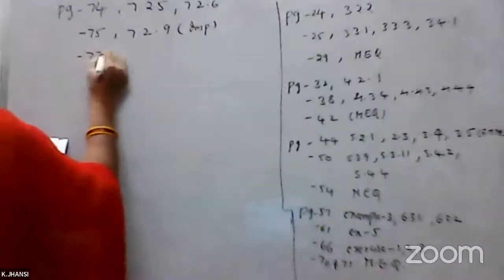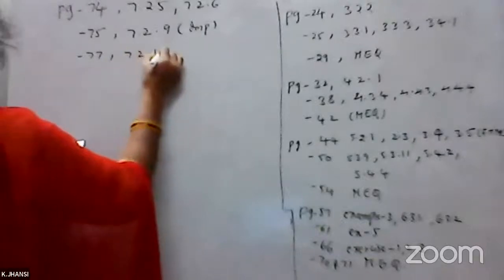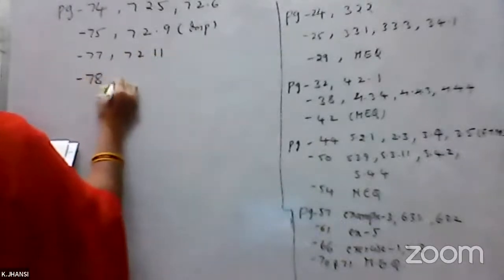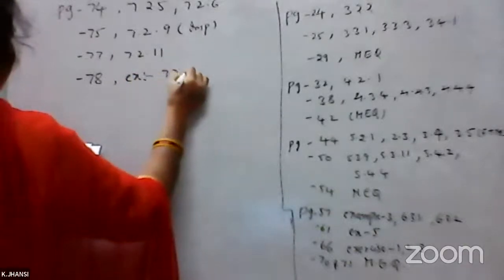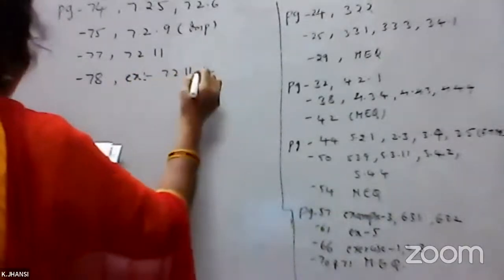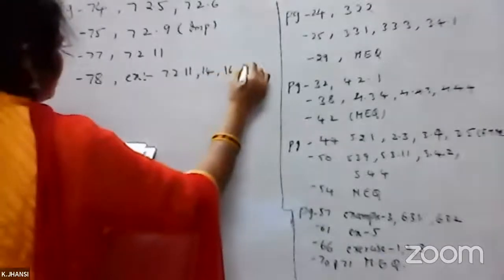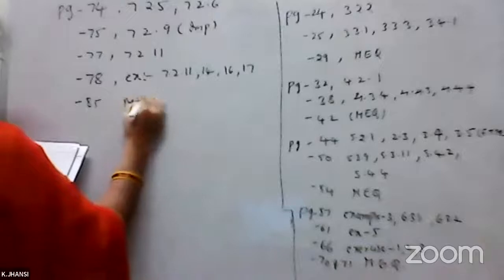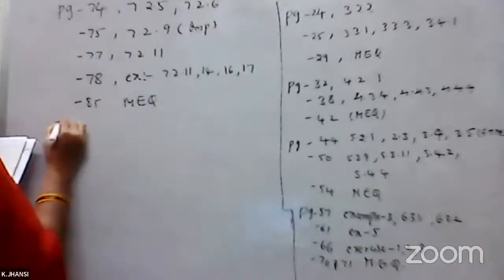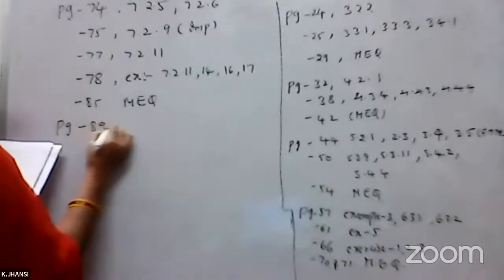Next we have 77, 7.2.11, 78. So exercise problems and also 14, 16, 17, and 85 is MEQ. Next, page number 89.